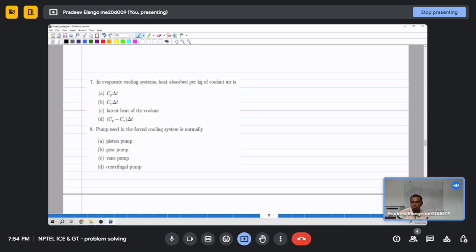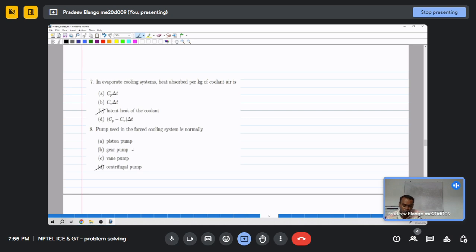In evaporative cooling systems, the heat absorbed per kilogram of coolant is... So when you have an evaporative system, the latent heat of the coolant matters. The pump used in the forced cooling system is normally a piston pump, gear pump, vane pump, or centrifugal pump.